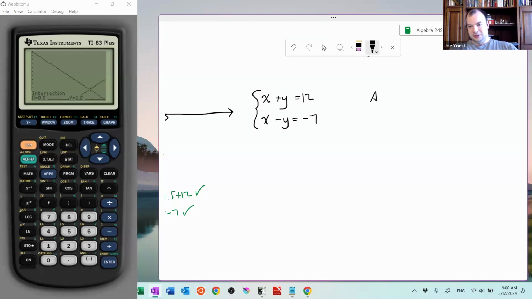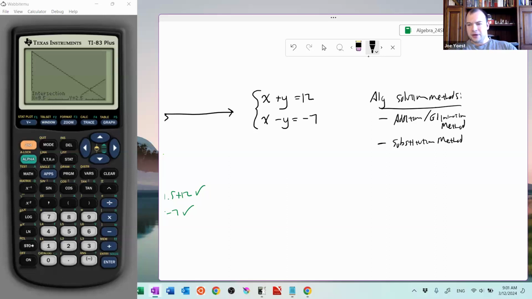So for algebraic solution methods, there are many, but for our purposes, we basically have two methods. One is called the addition or the elimination method, and the other is called the substitution method.